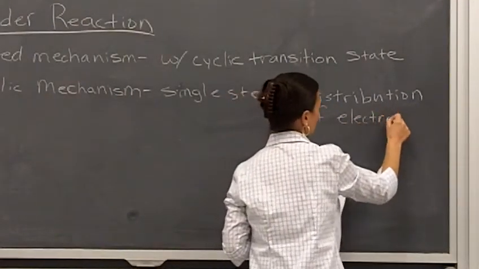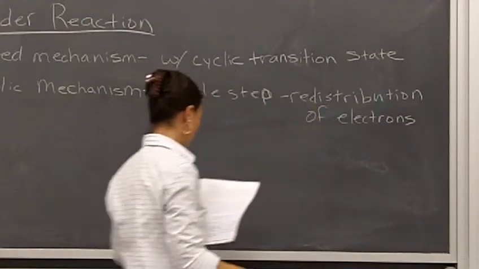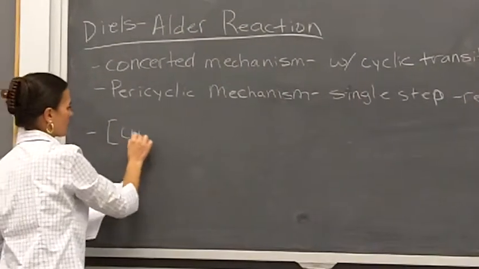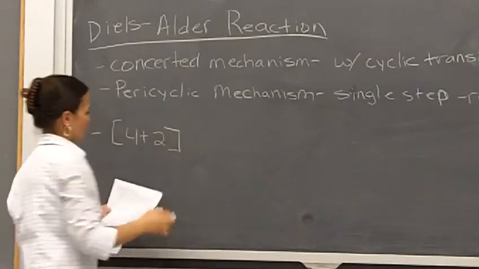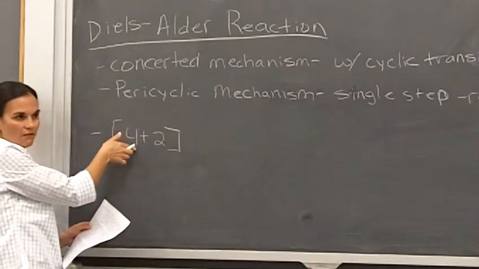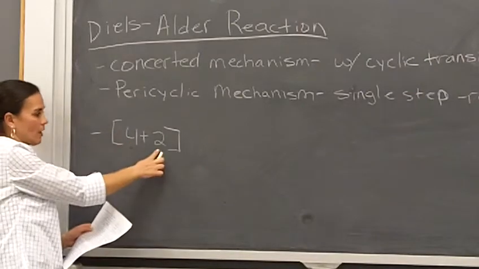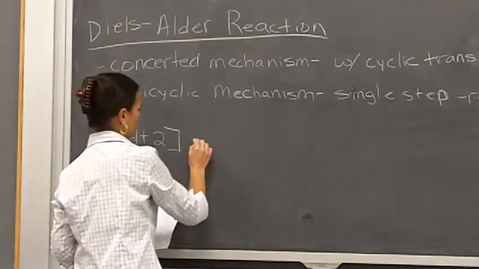We'll look at that here in a minute. It's also known as a 4+2 cycloaddition. That comes from the 4 carbons of the diene and the 2 carbons of the dienophile.